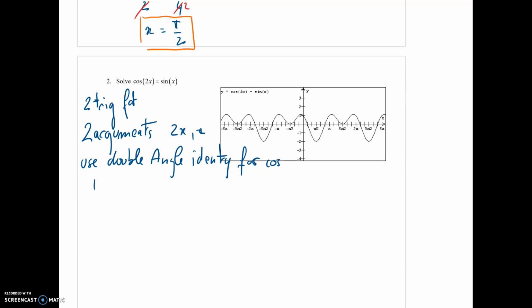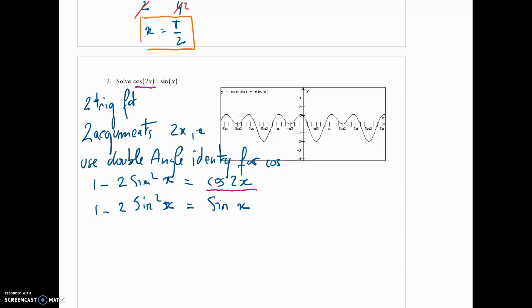I know that 1 minus 2 sine squared of x equals cosine 2x. So 1 minus 2 sine squared of the angle x equals sine x, because I substitute cosine 2x by 1 minus 2 sine squared x.